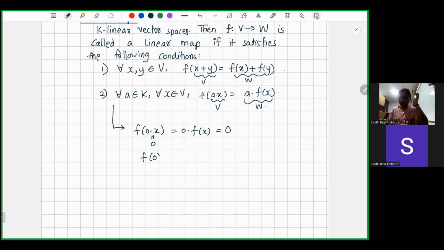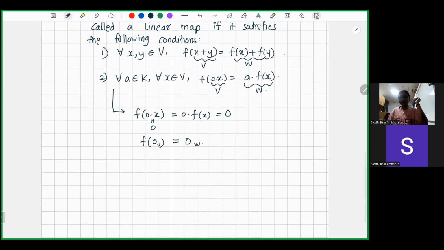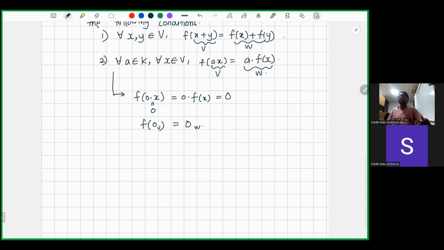So it also implies that f of 0 is 0. This 0 is from V, and this 0 is from W. So this is one property we have of linear maps, that 0 always maps to 0.